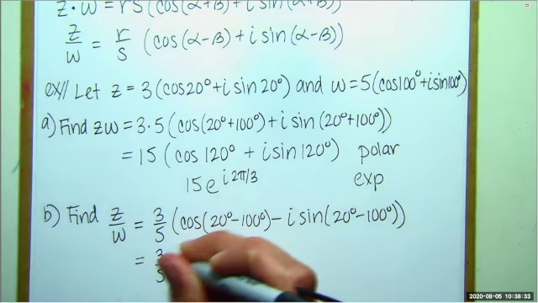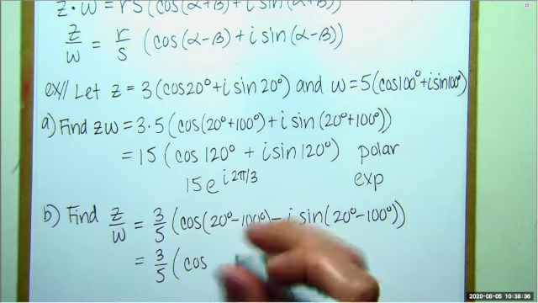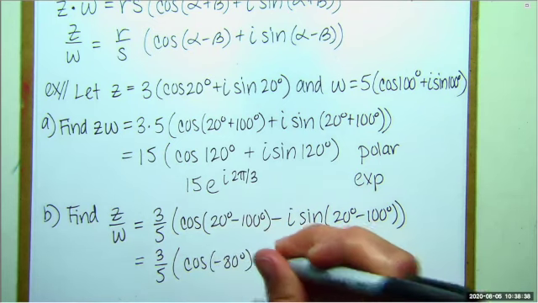Okay, so we got 3/5 times cosine of 20 minus 100 is negative 80 degrees.